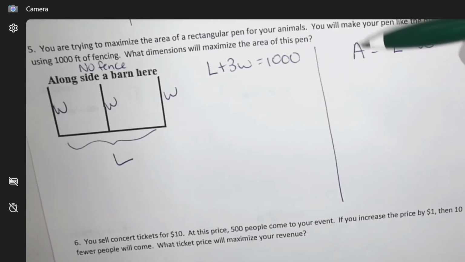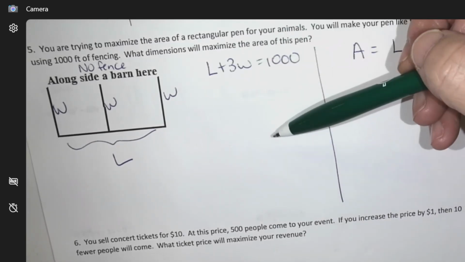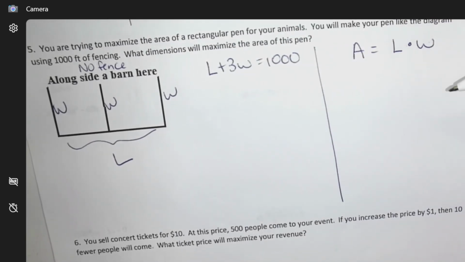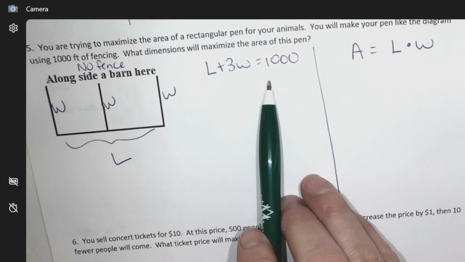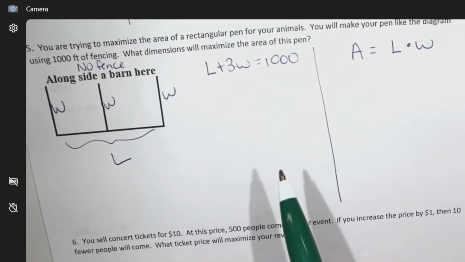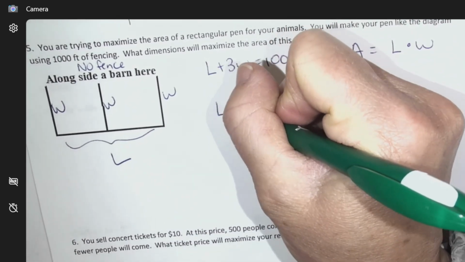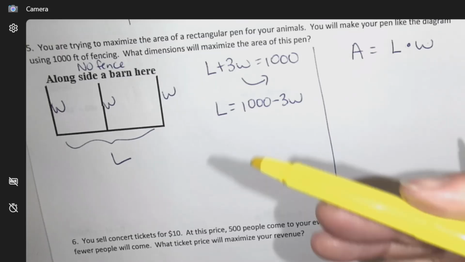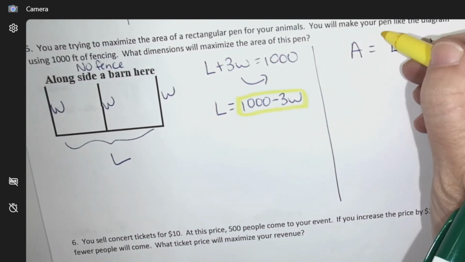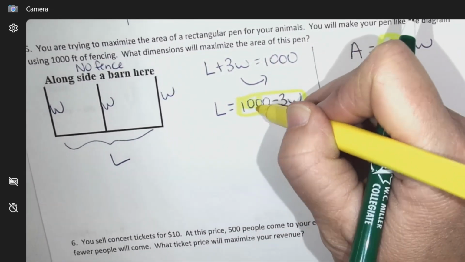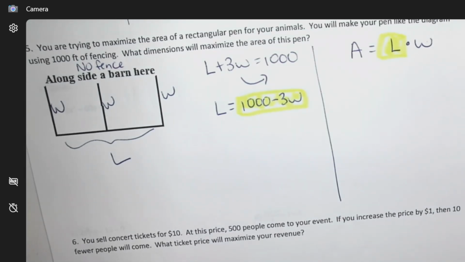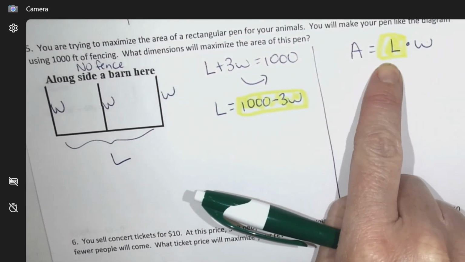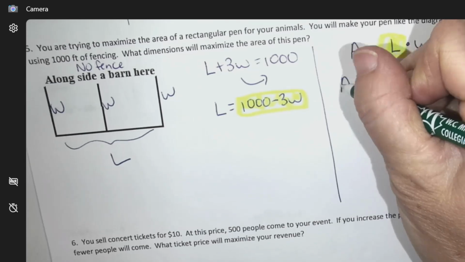This equation is going to cause me some problems because I have a lot of letters going on. So what I'm going to work with here is get something alone and make a replacement. If I'm looking here, what's easier to be alone, the L or the W? The L. So if this is equal to L, I can go over here and make that replacement.